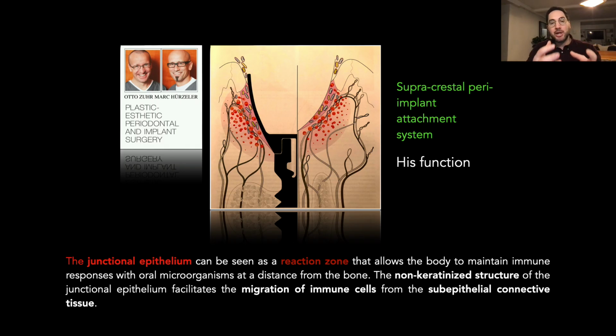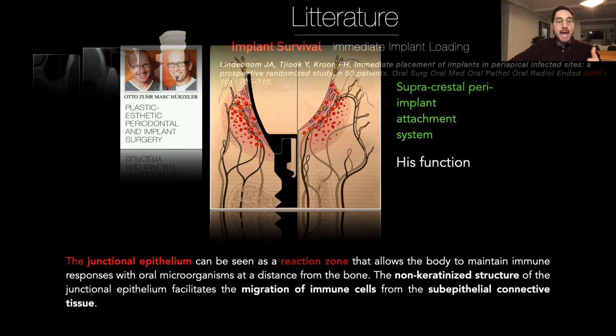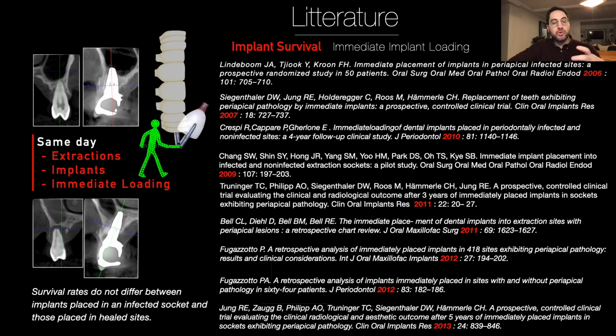This interaction plays a crucial role in preventing bone infection. This is very important, and it also explains why the implant survival rate in the context of immediate implant loading is not negatively affected.